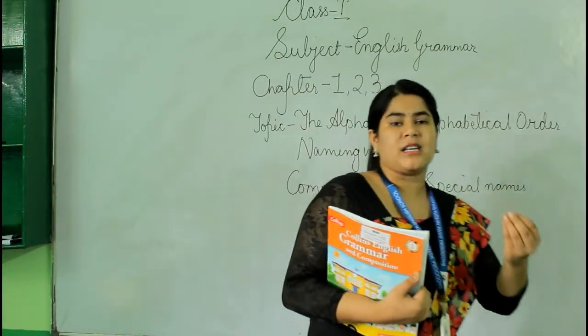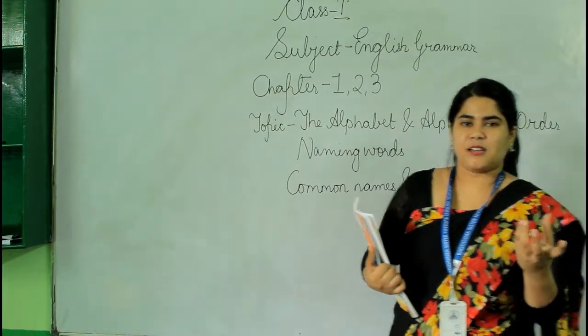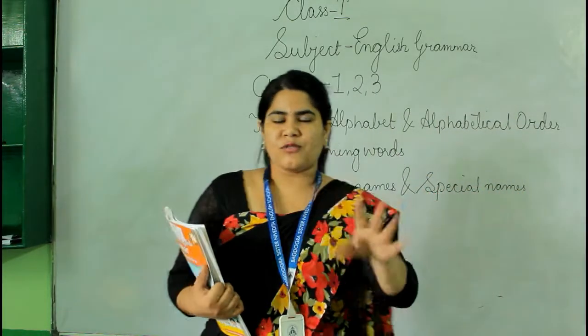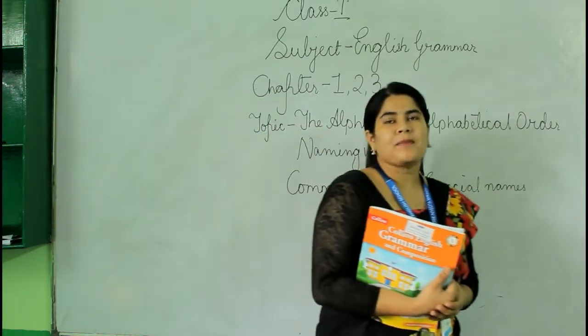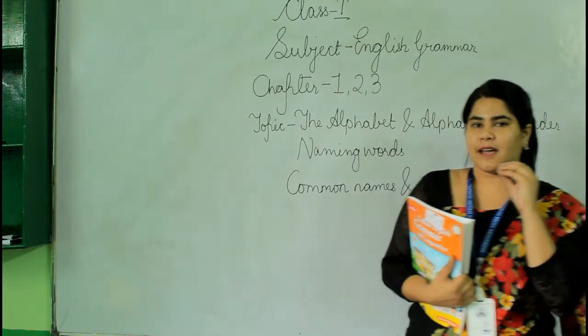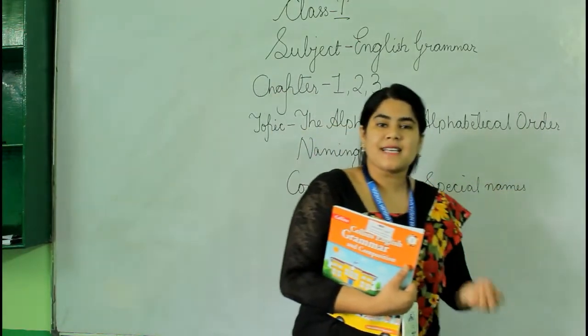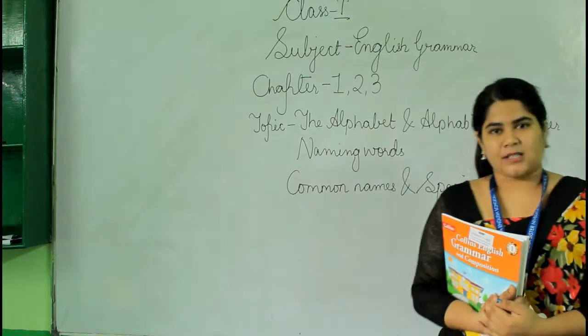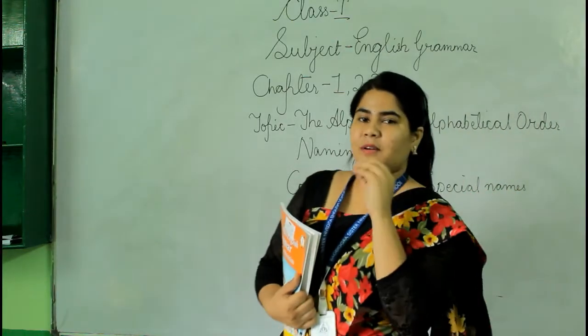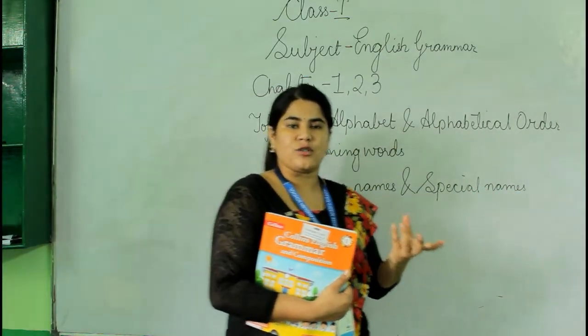I think you have learned about alphabetical order also. If not, don't worry, I am here to explain the same thing. How many letters are there in English alphabets? Very easy question. There are total 26 letters in English alphabet. Right? Now what is alphabetical order? That today we are going to discuss.